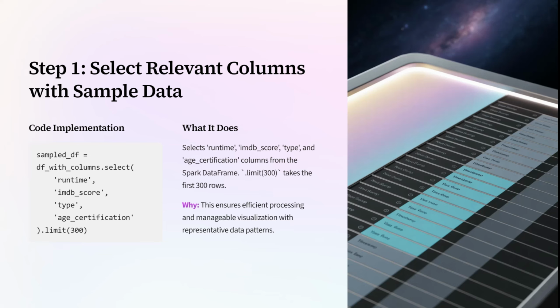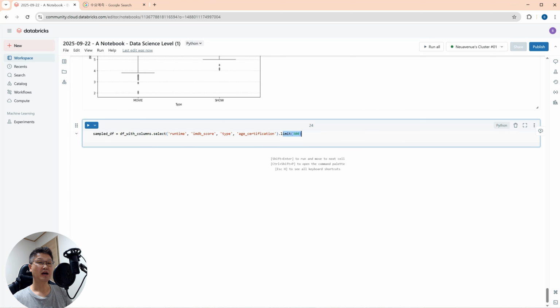It's from the Spark data frame. With a dot limit of 300, it takes only the first 300 rows to keep things fast and manageable. Why are we using that? We only need a manageable sample for our visualizations, not the entire data set.